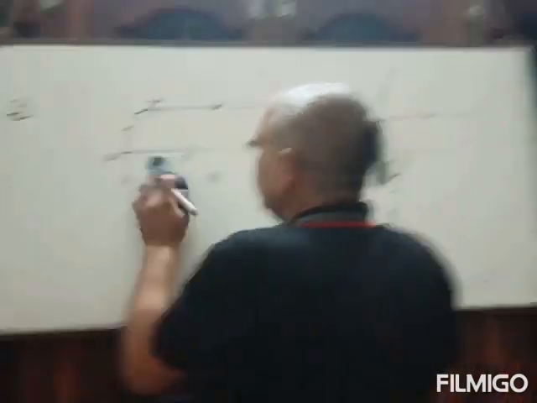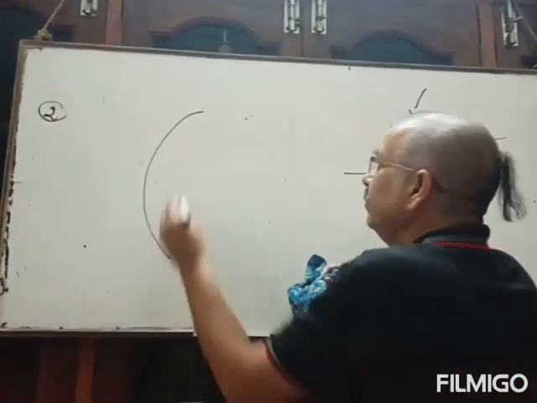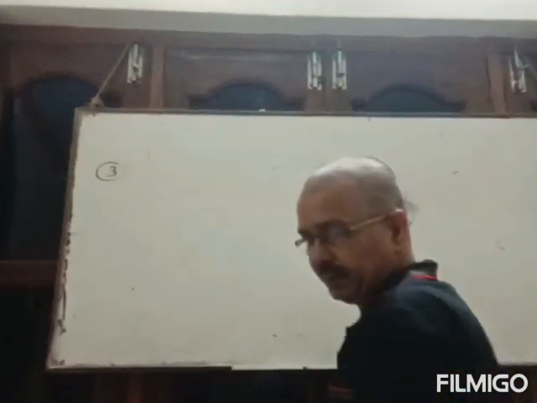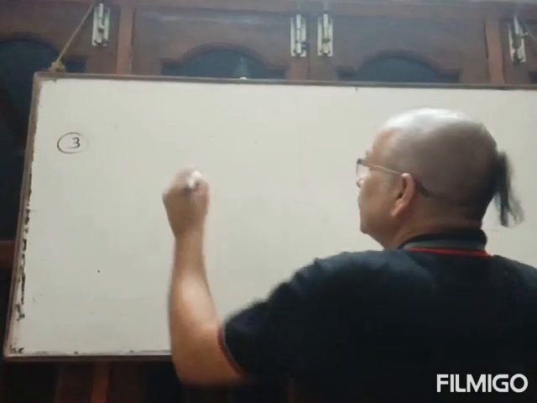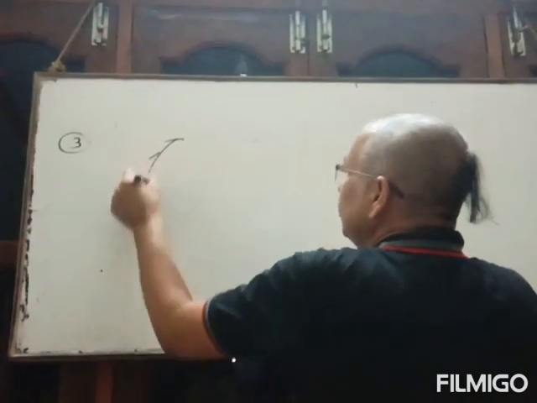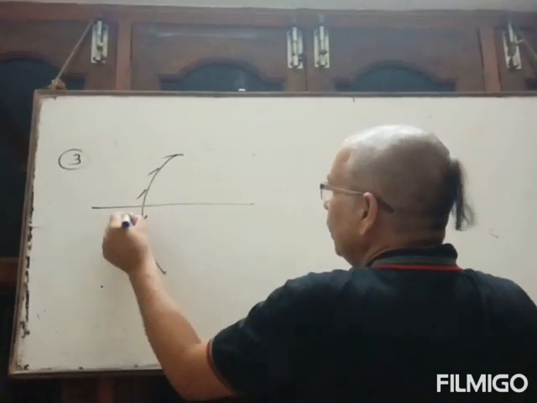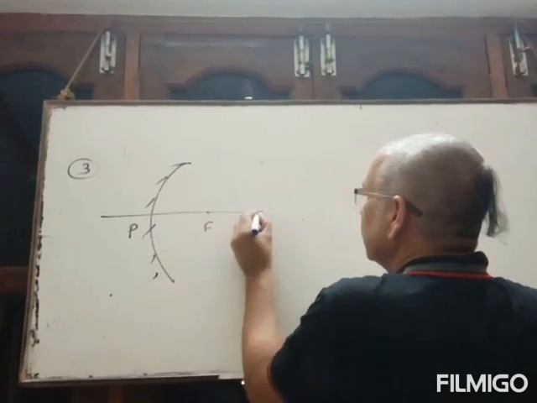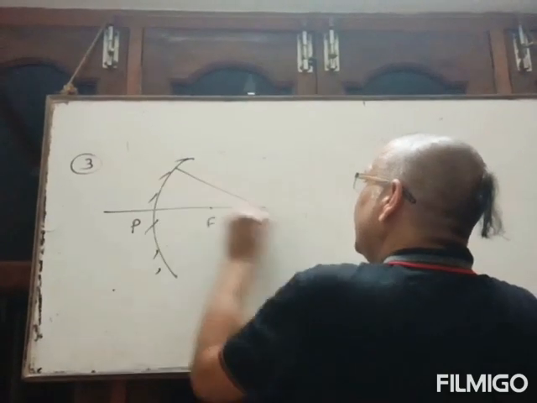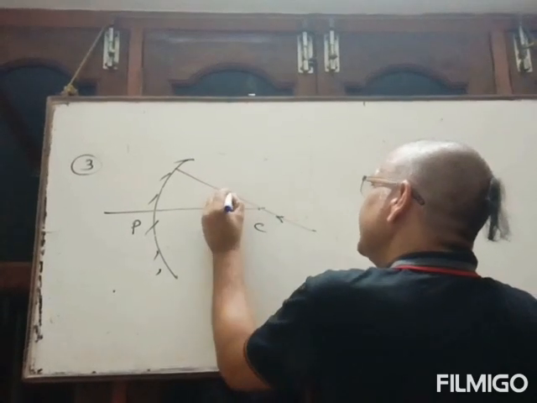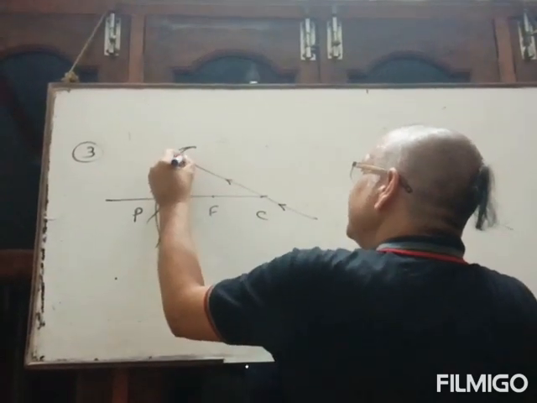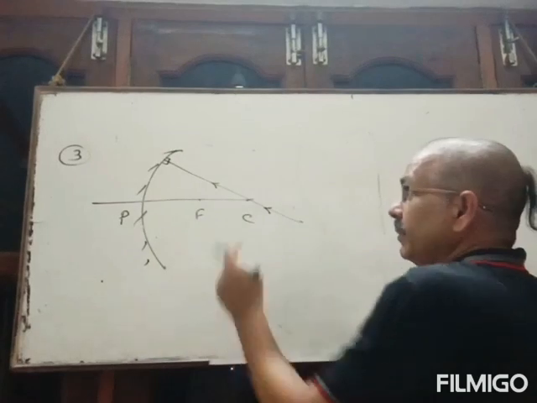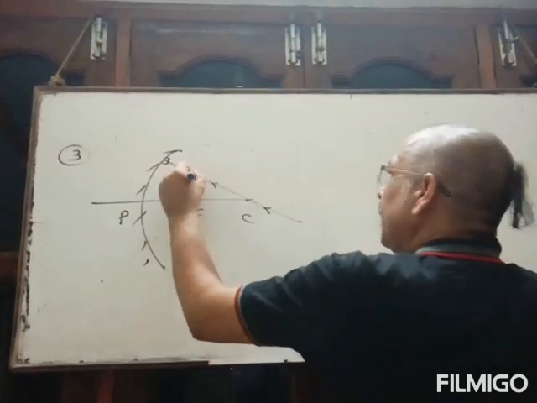Third law. For the concave mirror, it is the pole, focus, center of curvature, and when a light ray passes through the center of curvature and is incident on the spherical mirror, then it retraces its path.